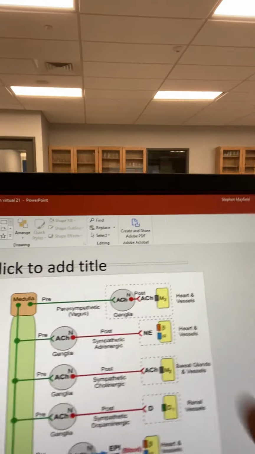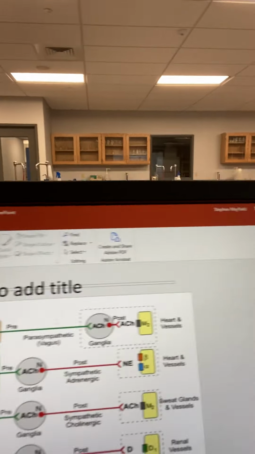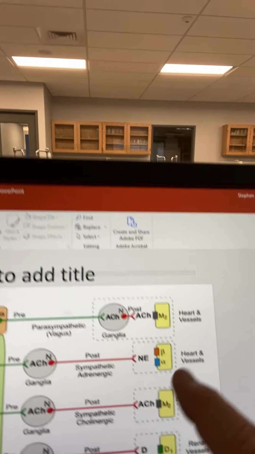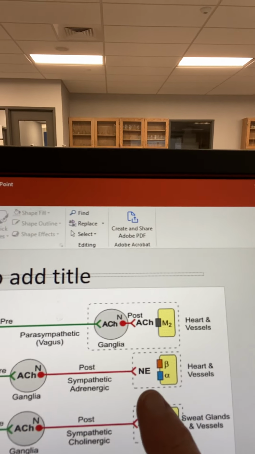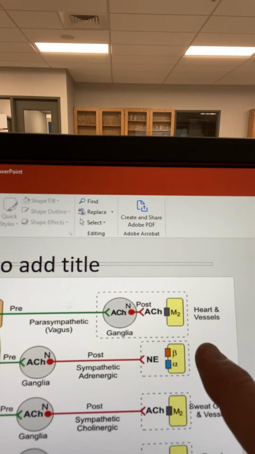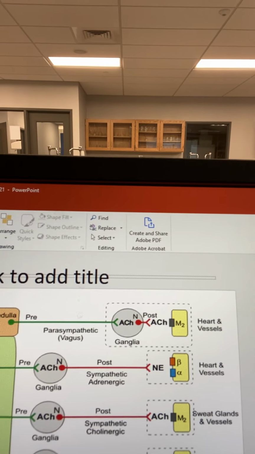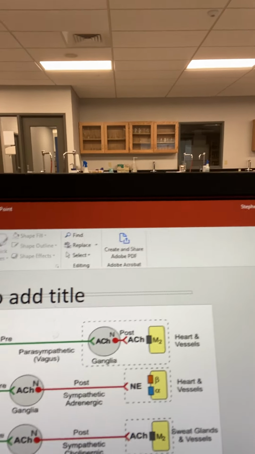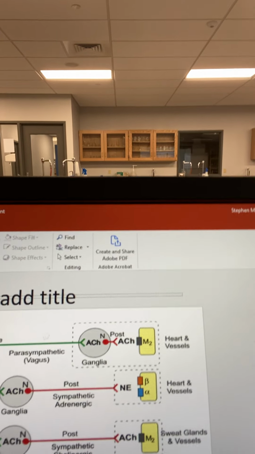Well, like that muscarinic receptor, these can be either inhibitory or excitatory. And so when we talk about the heart and blood vessels for the sympathetic division, it's going to involve norepinephrine and either alpha or beta receptors, and they can either be inhibitory or excitatory.